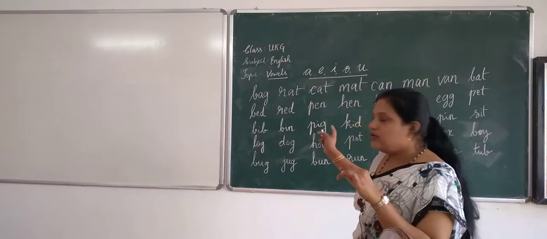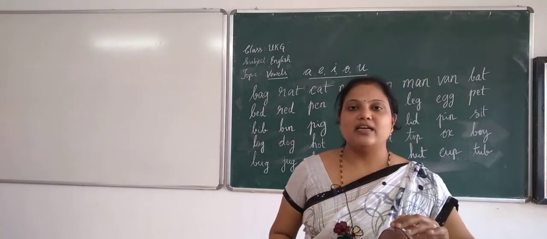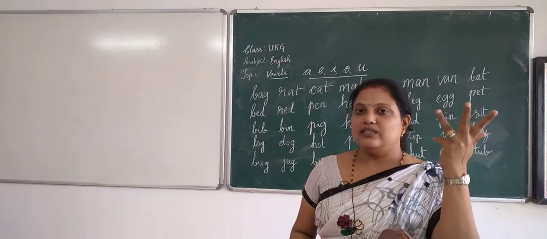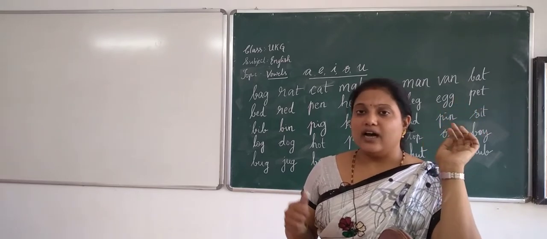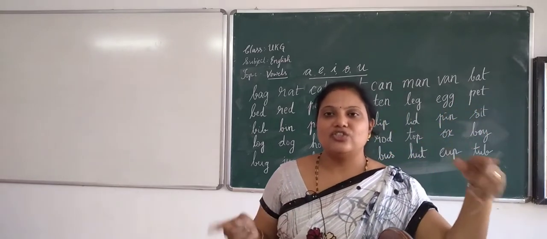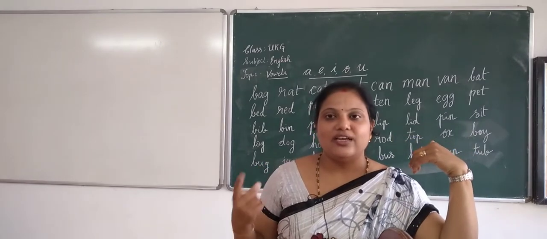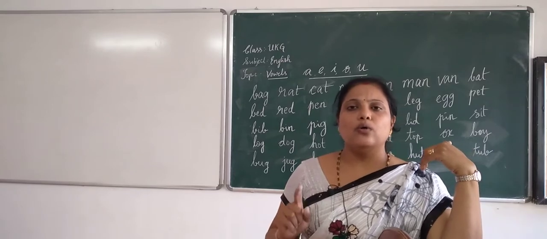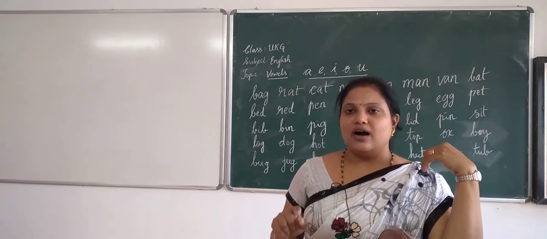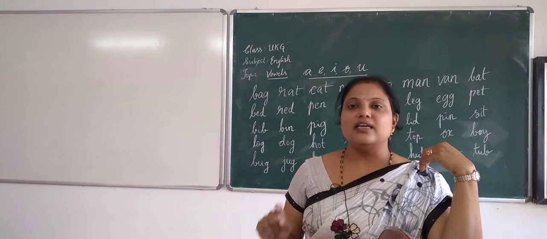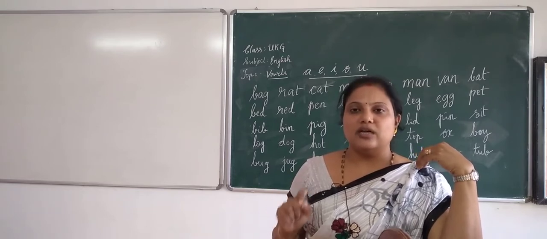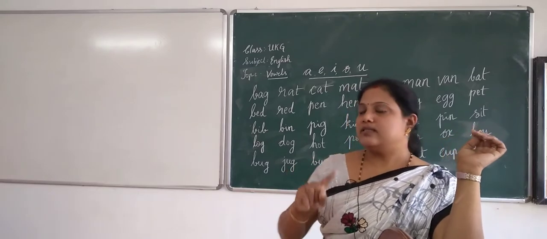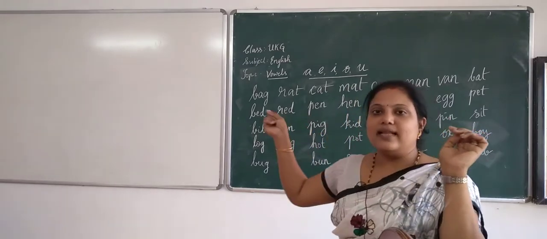Children, you know ABCD very well, right? Can we say it now? A, B, C, D, E, F, G, H, I, J, K, L, M, N, O, P, Q, R, S, T, U, V, W, X, Y, Z. Now, see A. The first letter is a vowel.